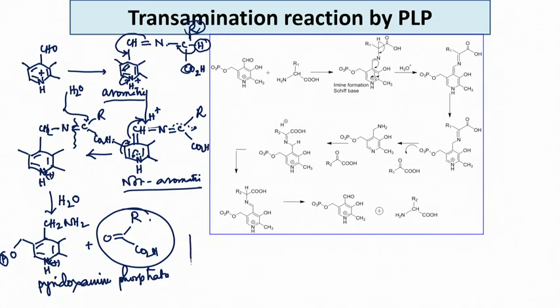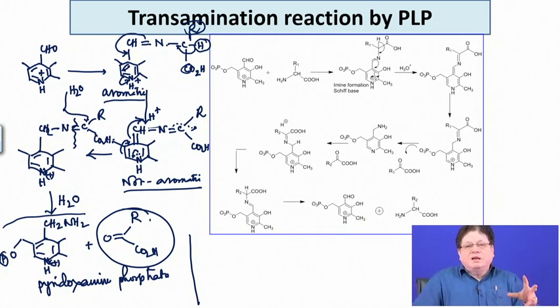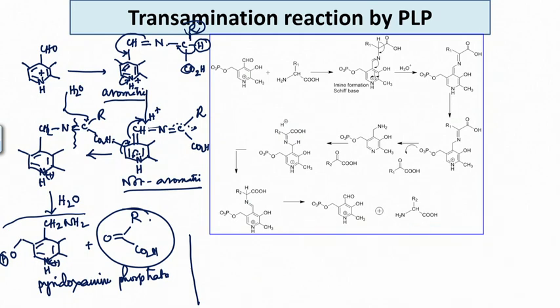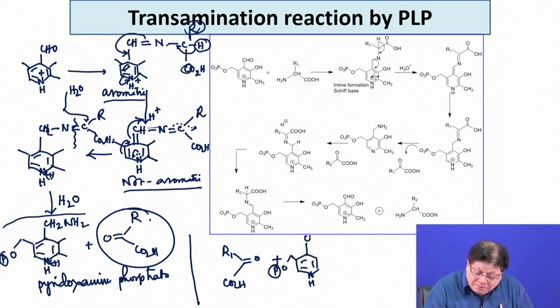Now, about the second part of the reaction, that means now this pyridoxamine is held in the active site, and then the other keto acid, namely R1, suppose another alpha keto acid R1 CO2H. Now, that reacts with this pyridoxamine phosphate, and pyridoxamine means NH2.